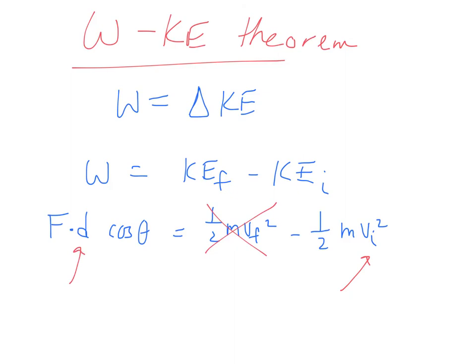But VF is 0, so this drops off. So you end up with a negative sign over here, but the cosine of 180 is also negative 1. So this becomes negative 1. So the negative here and the negative here end up canceling, which allows you to get a positive distance traveled. Okay, we did that example with the sock problem, okay, where the negative dropped off.